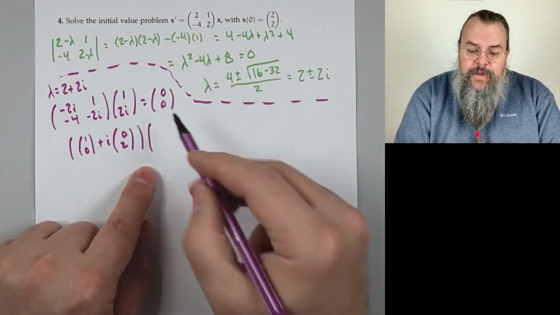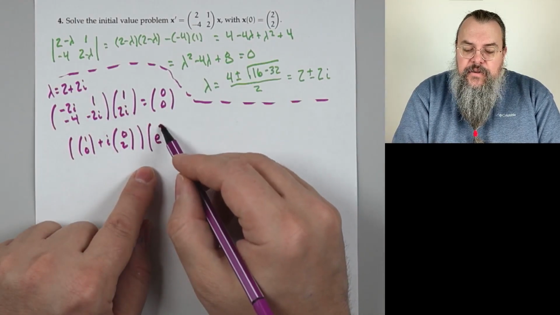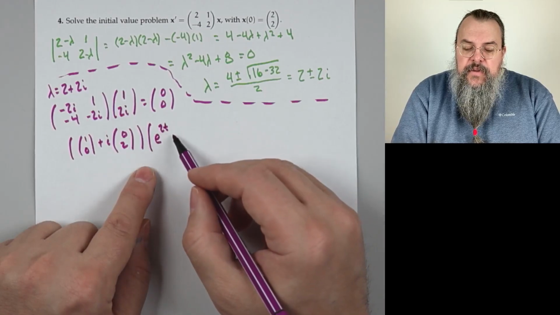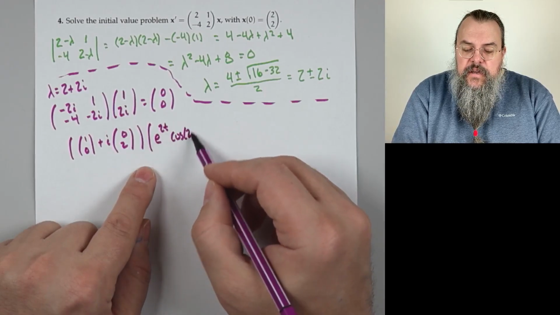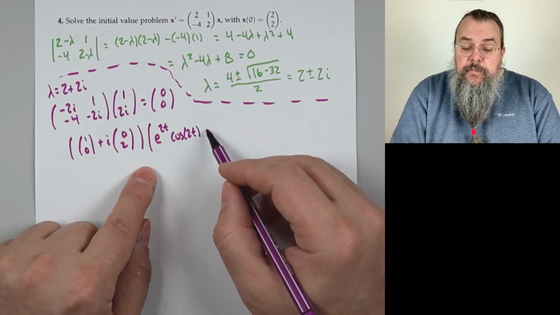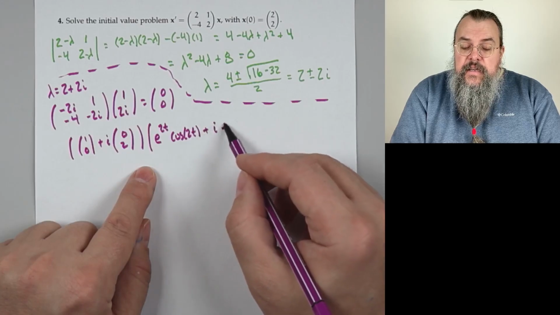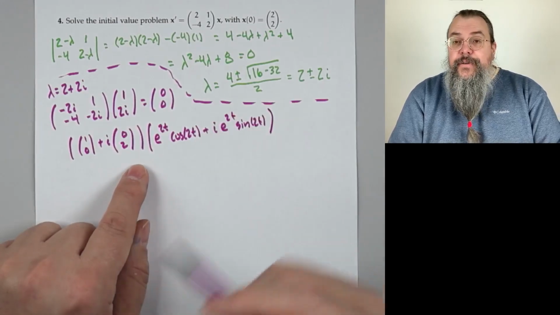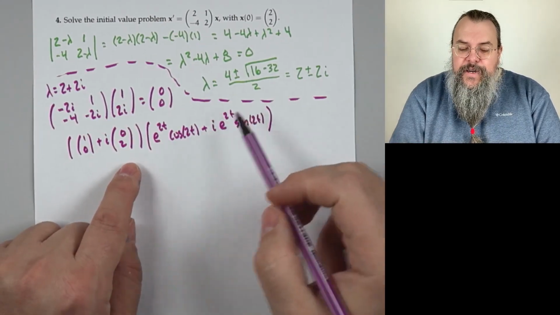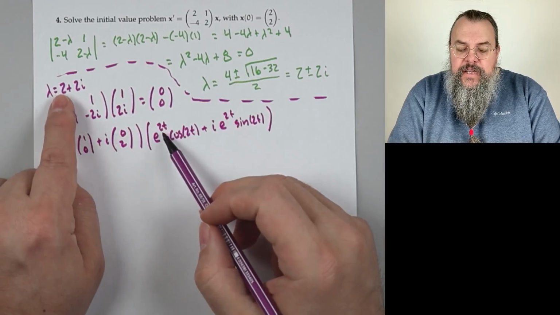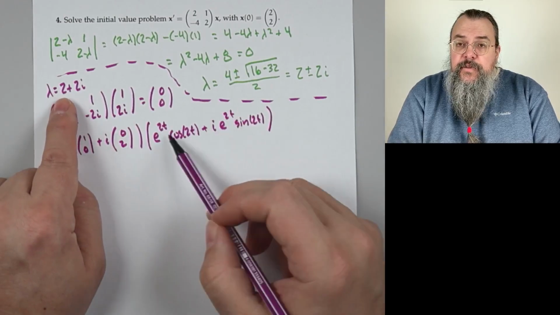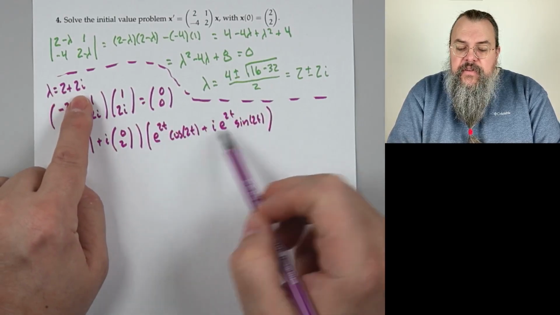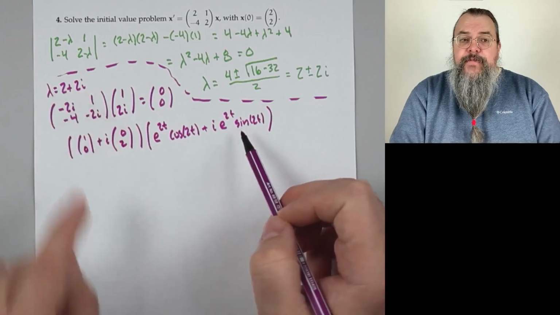But that becomes e to the 2t times cosine 2t, plus i e to the 2t sine of 2t. So of course, because they're both 2, it's like, where did the 2's come from? So the exponential 2 comes from the real part. The cosine and sine 2 comes from the imaginary part.